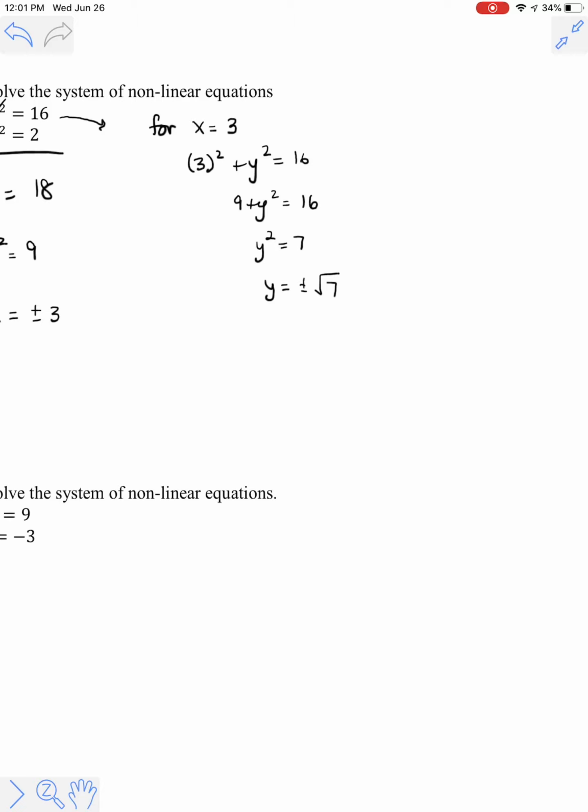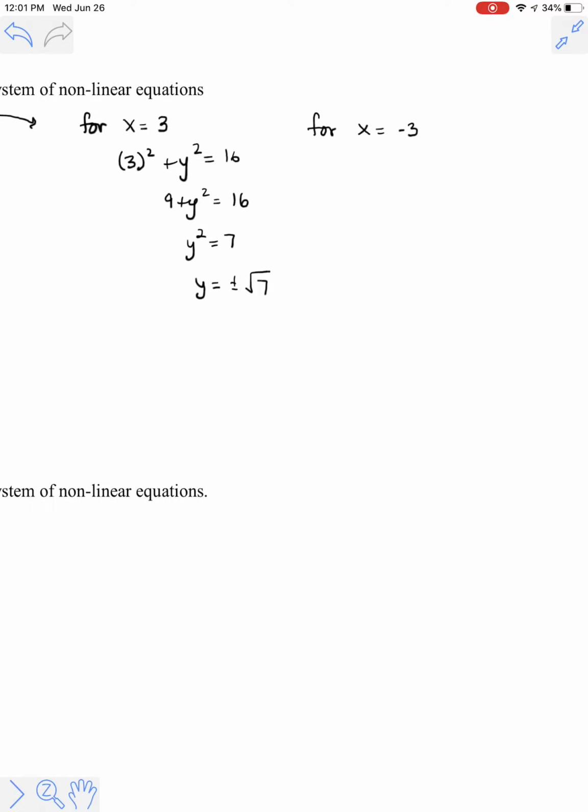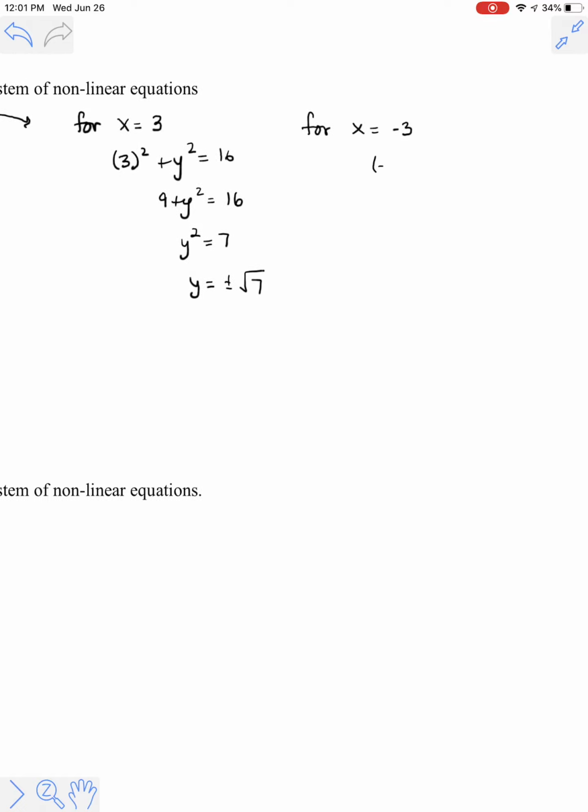Now, when x equals negative 3, I'm going to get negative 3 squared plus y squared equals 16. So it's actually the same thing there.